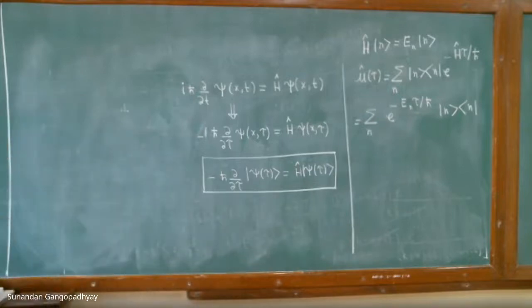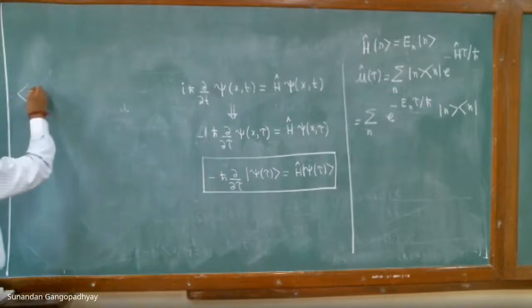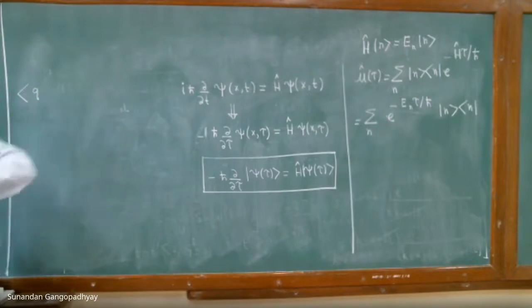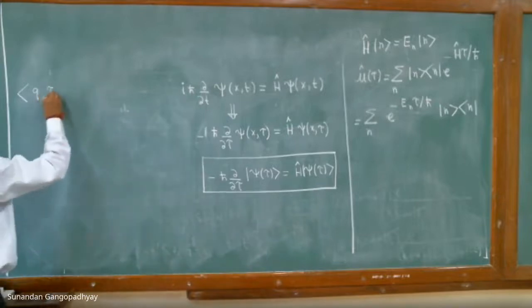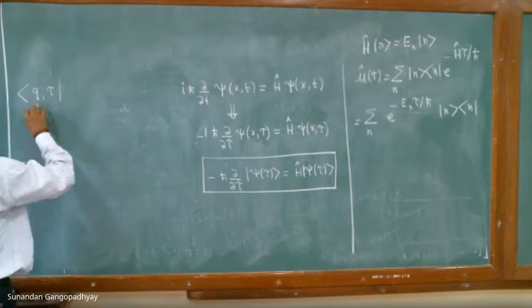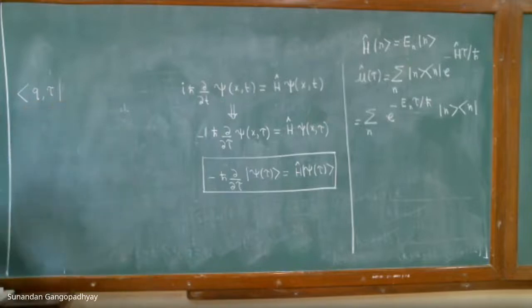So now let us see what happens to a propagator. For example, this is q tau, and suppose I have q prime.